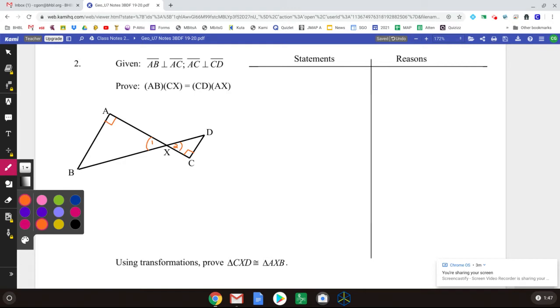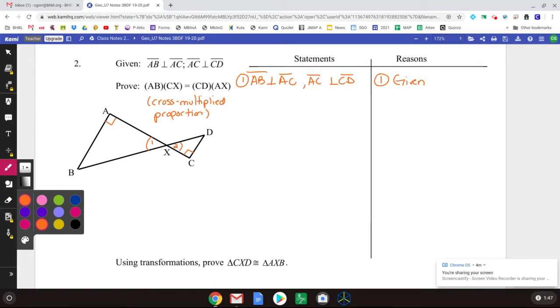So what I'm looking at is this is a proportion I've already cross multiplied. So I know that AB perpendicular to AC. I know that AC perpendicular to CD, because that is all given to me.